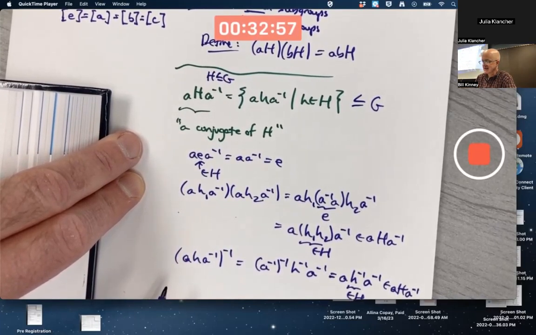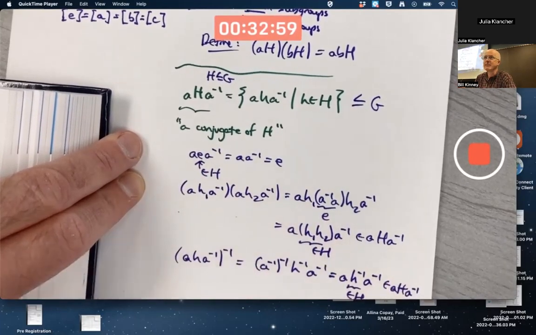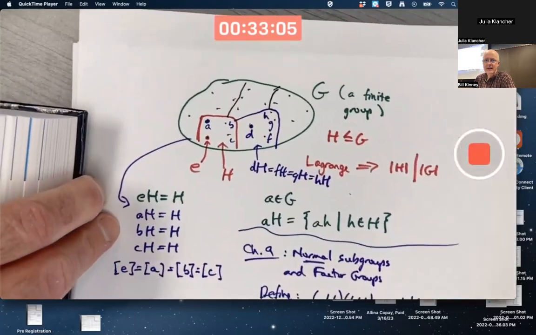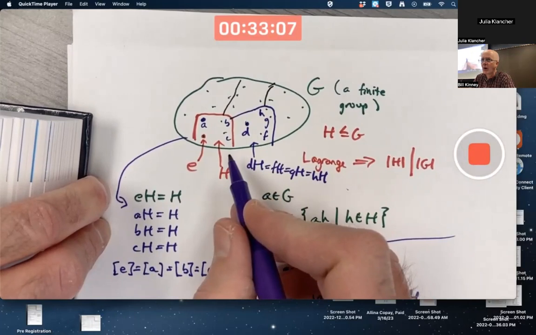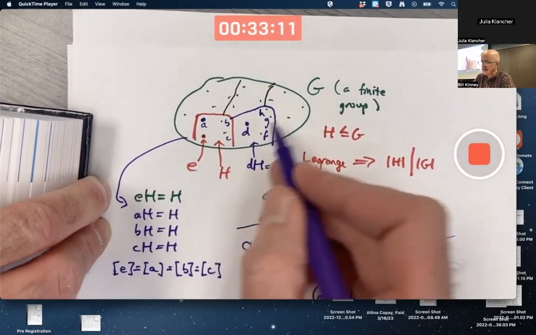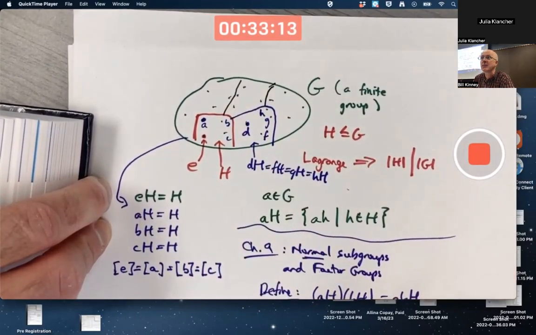That conjugates of a subgroup are also subgroups, meaning in general, they're not cosets, because cosets are not usually subgroups. Given H, a subgroup of G, only one coset is an actual subgroup, H itself. The other cosets don't even contain E, so they can't be subgroups.